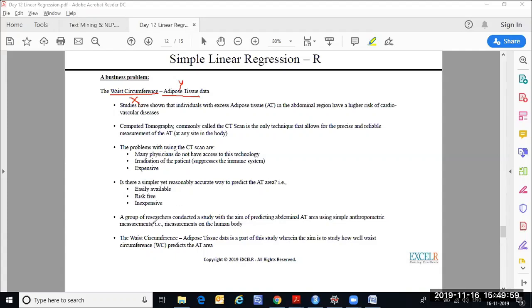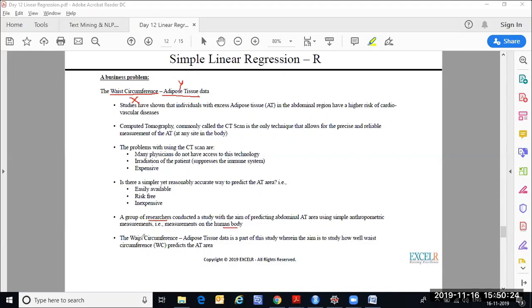Based on some research, they identified the waist circumference as having the potential of getting abdominal AT area using simple measurements of the body.